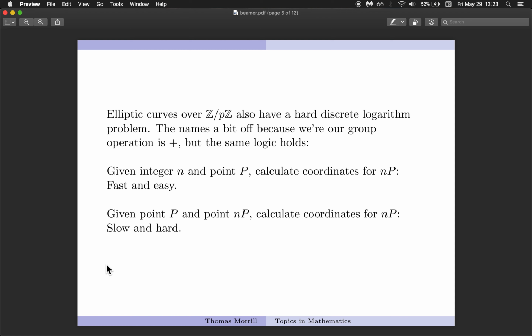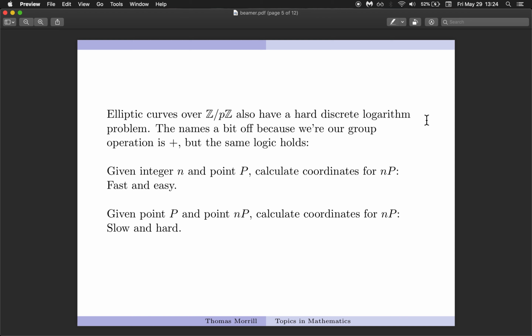The name is a little bit funny, right? We use the word logarithm here because this idea really does come from the point of view of exponents and logarithms. We can take repeated addition of points on an elliptic curve, and that's a relatively easy calculation to make.